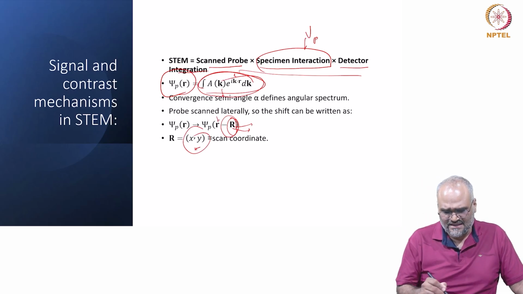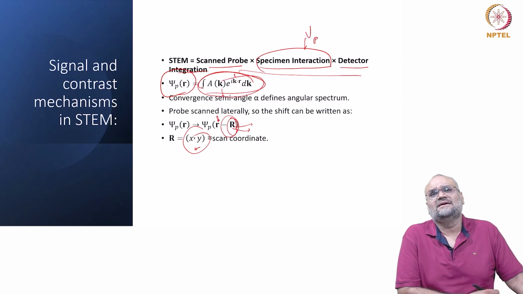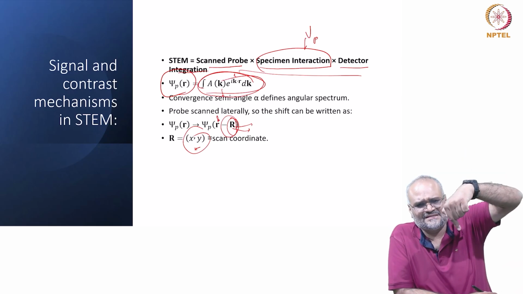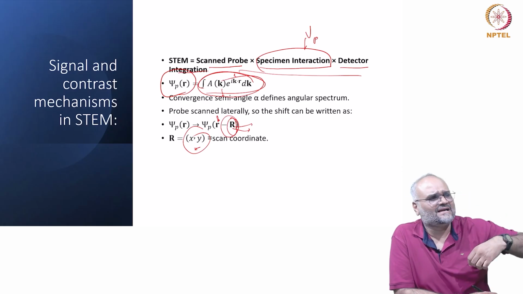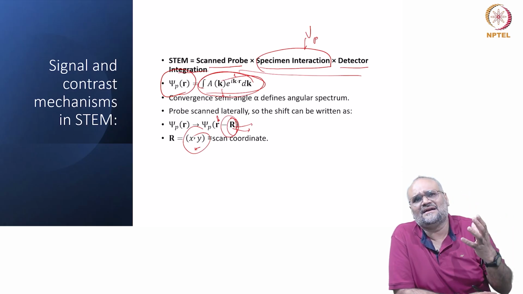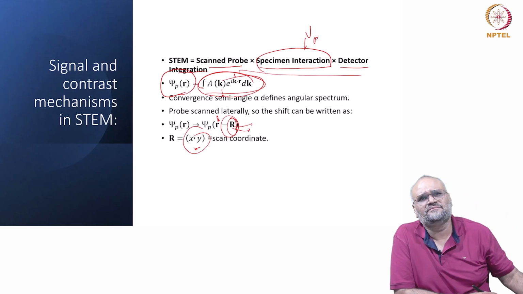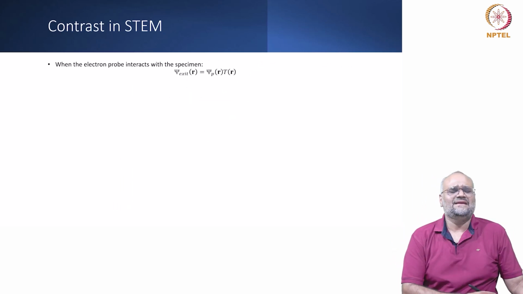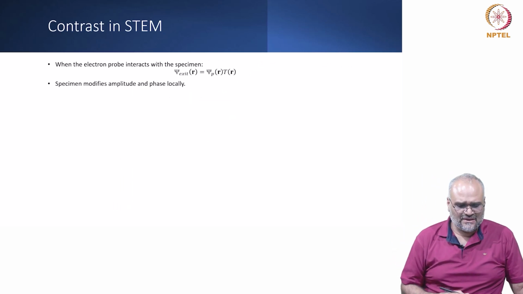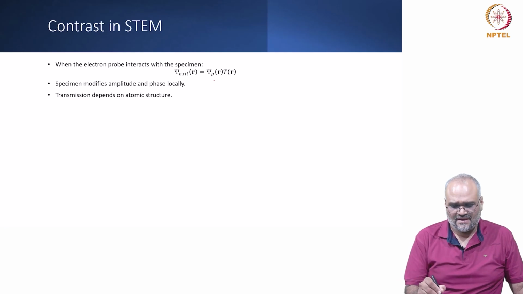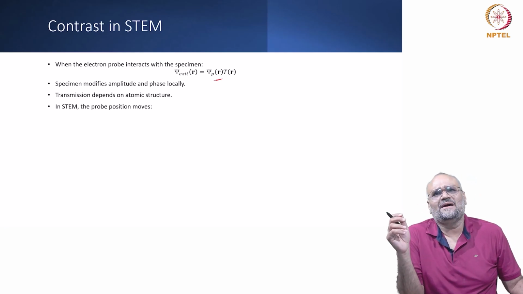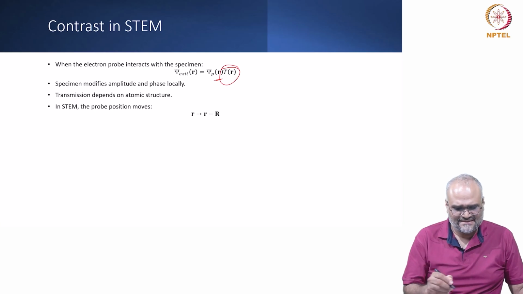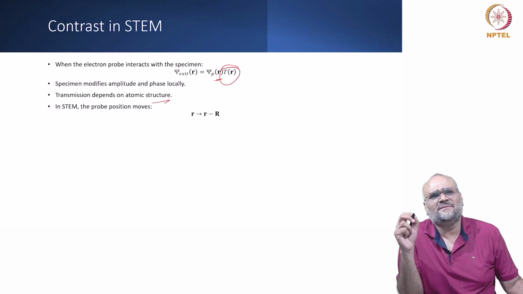from the difference between the probe that is on the specimen versus where it is deflected, I can generate the contrast by integrating this whole thing. The contrast in STEM comes when I take the exit wave as a convolution between the forward scattered probe and the transmission function, and this depends on the atomic structure.